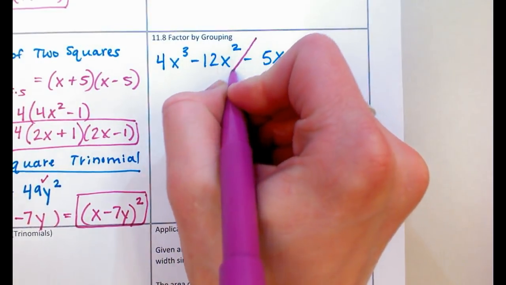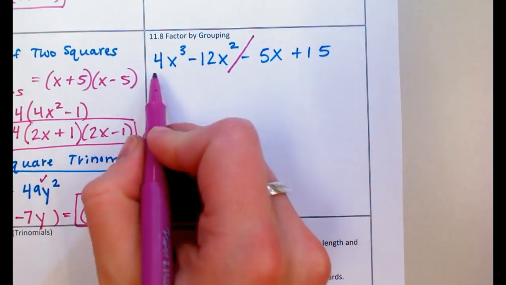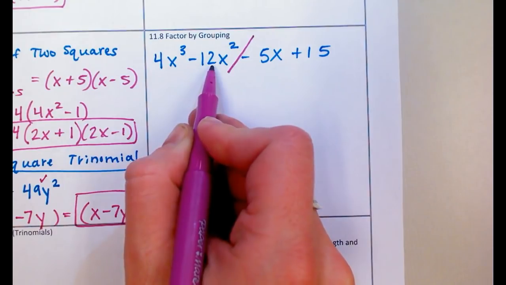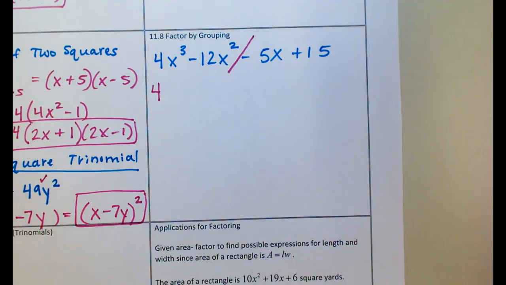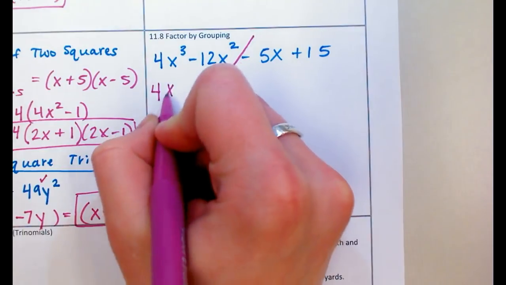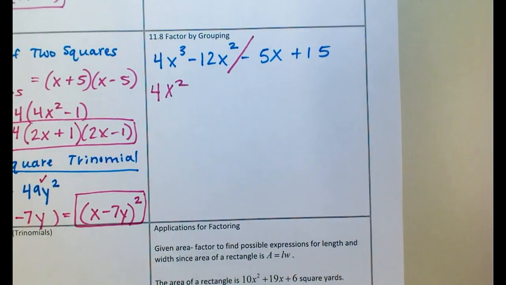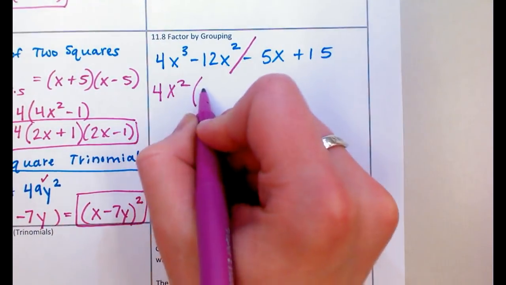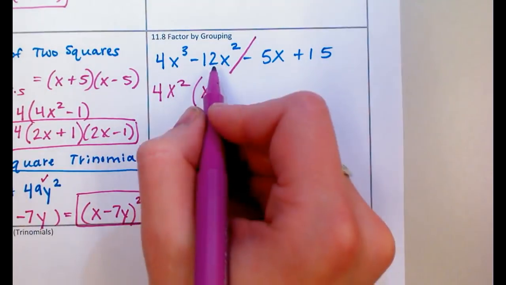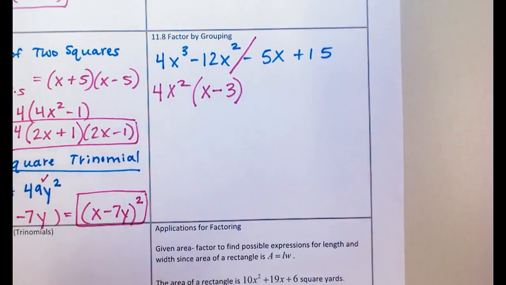So then I split the problem in half. 4x cubed and negative 12x squared, I have 4 in common with the numbers and x squared in common for the variables. So that would leave on my first term x and my second term minus 3.